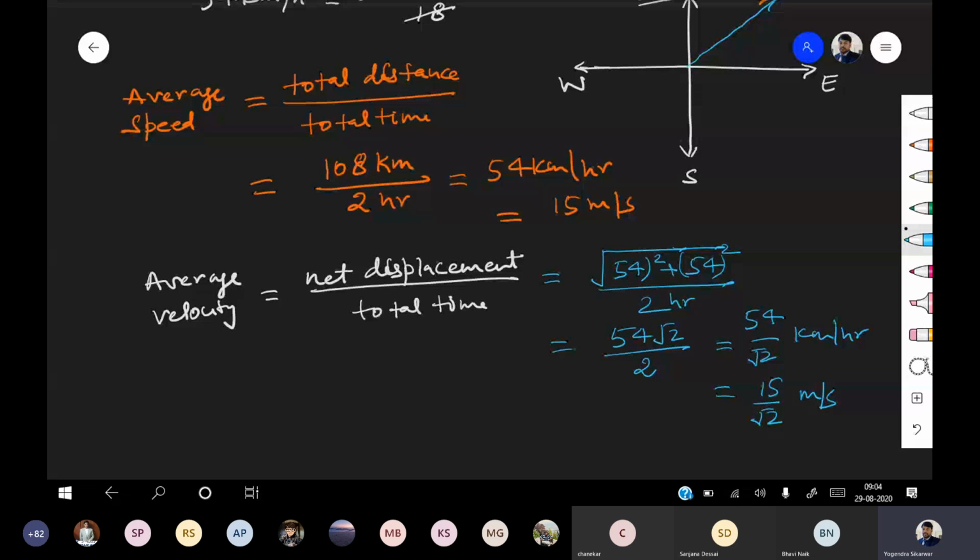Sir, how did you get the 15 upon root 2? You need to convert kilometer per hour into meter per second. How do you convert kilometer per hour into meter per second? Tell me.